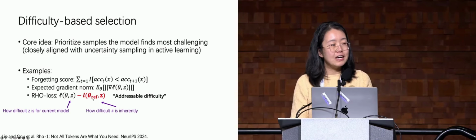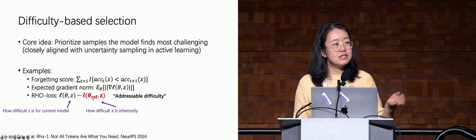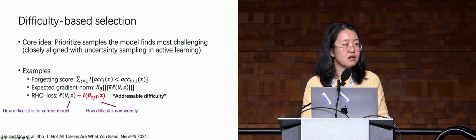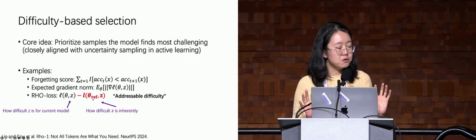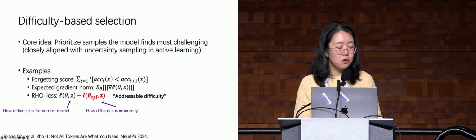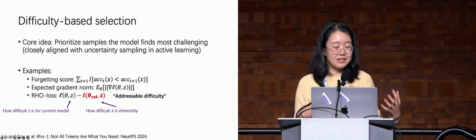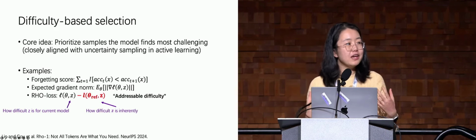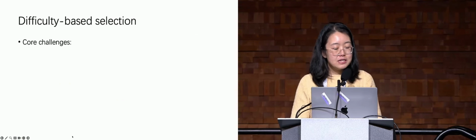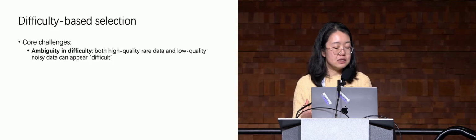So the idea here is that if the point is difficult throughout the training process, maybe we shouldn't learn it anyway because it doesn't bring us any benefit. We should maybe look at those samples that are difficult at the beginning, but that the model can eventually learn. Okay, so you can characterize somehow an addressable difficulty. We are looking at those difficult samples that can be eventually overcome. So this can be characterized by the loss gap.